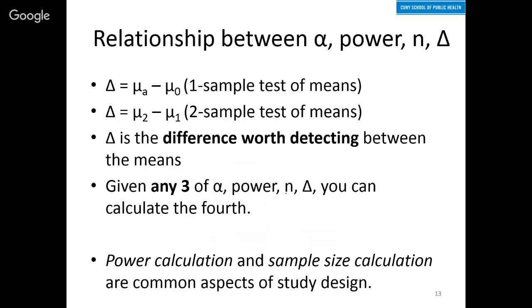All right, and got just a little bit more time here. So just to summarize here, this delta is that difference under the hypothesized alternative hypothesis, that when we're doing the power estimation, we assume that there is a true difference for a one sample test, a true difference in the mean of whatever it is in our population minus the mean of what is assumed under the null hypothesis.